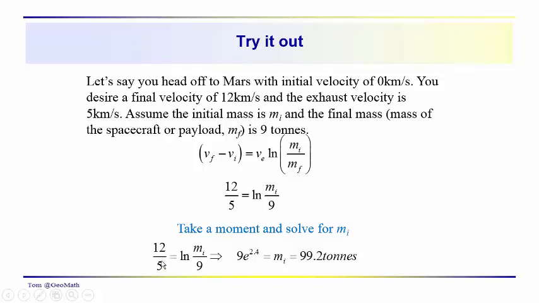This is e to the 12 over 5, which is 2.4. And then we multiply that by 9, and we see that the initial mass of our rocket must be 99.2 tons. This ton is a metric ton, so it corresponds to 1,000 kilograms, and that gives us our desired velocity of 12 kilometers per second.